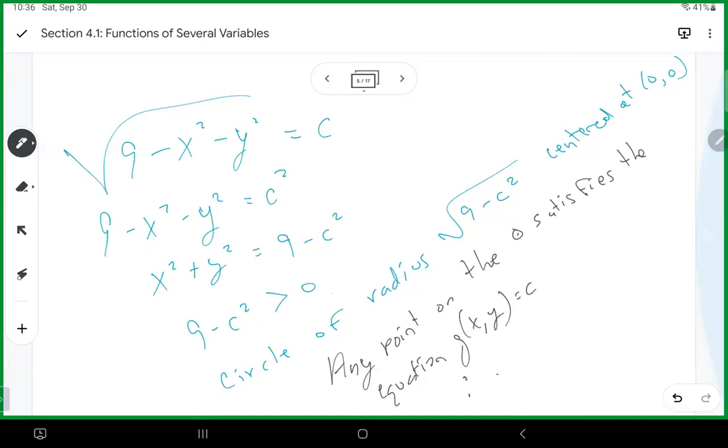Therefore, the range is the interval between 0 and 3. Okay, you need all that work to figure that out.